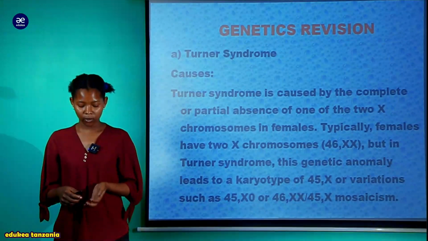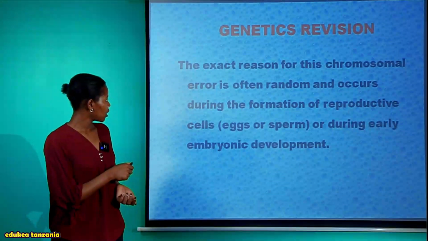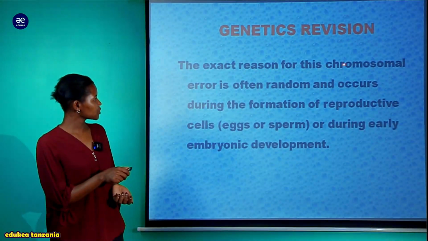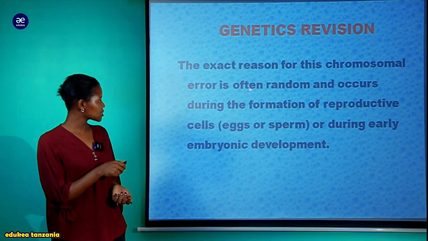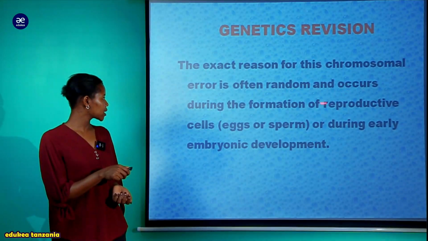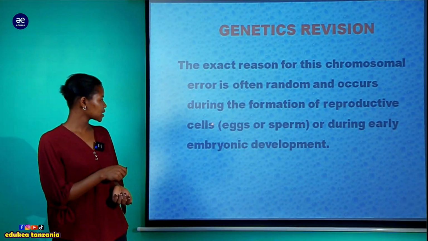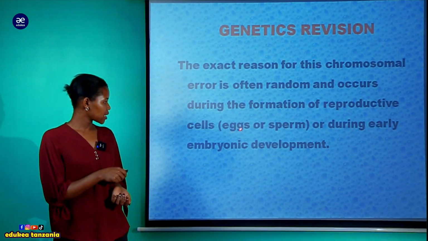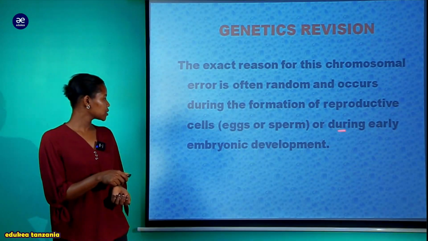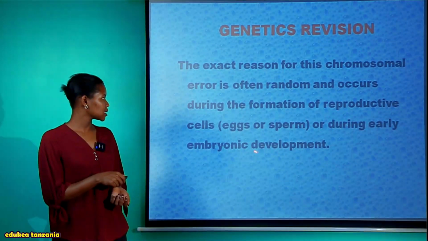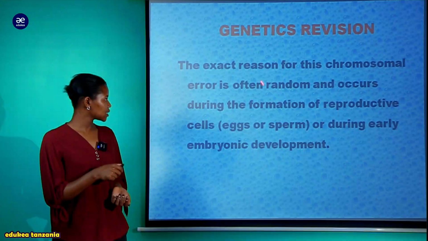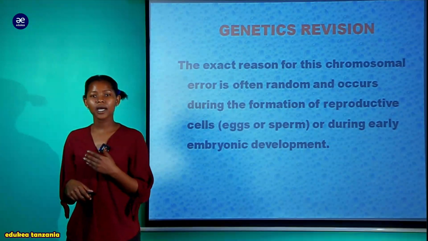The exact reason for this chromosomal error is often random and occurs during the formation of reproductive cells, these are eggs or sperm, or during early embryonic development. Sababu ya hili tatizo ni kwa sababu inatokea randomly.